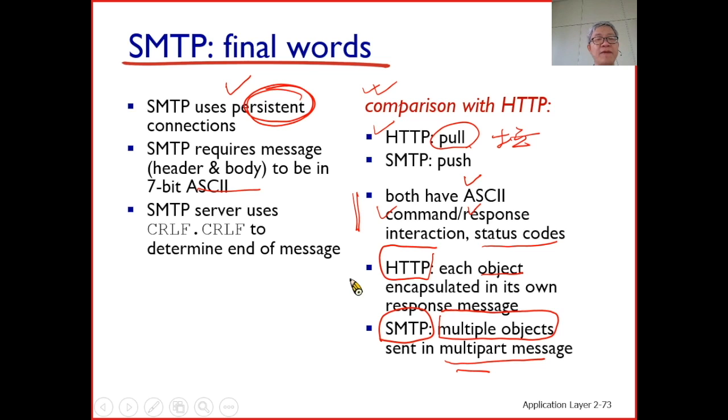But for HTTP, a single object is encapsulated in its own response message. For SMTP, you can use a multi-part message to contain the multiple objects. All right, this is a comparison between SMTP and HTTP.